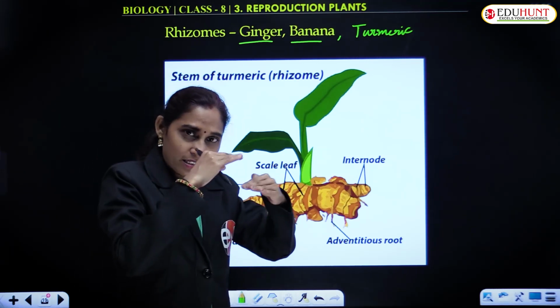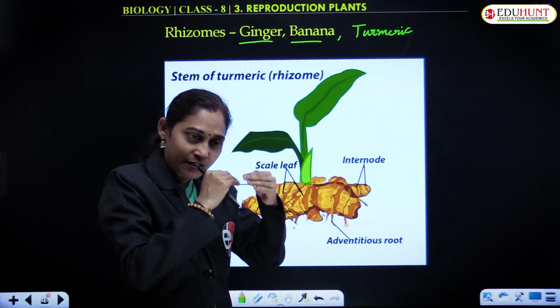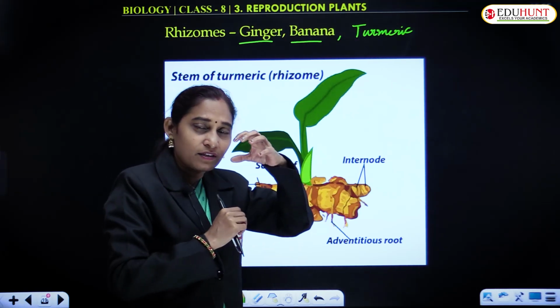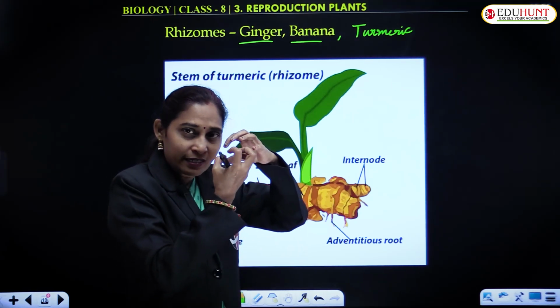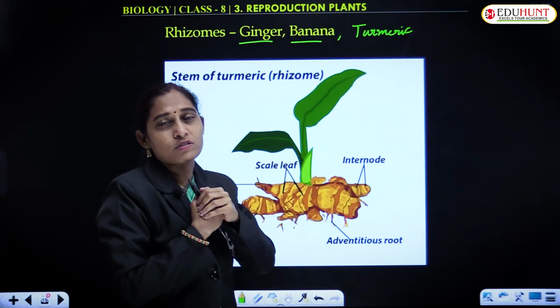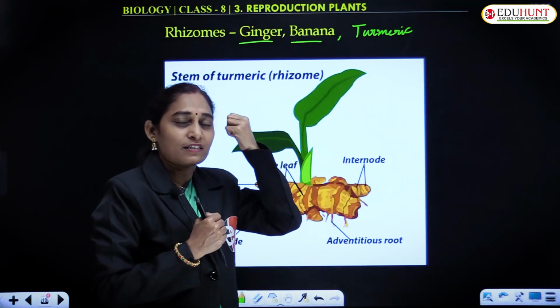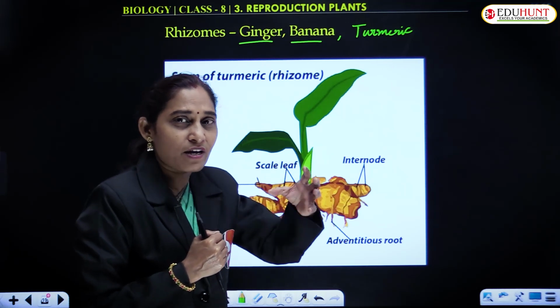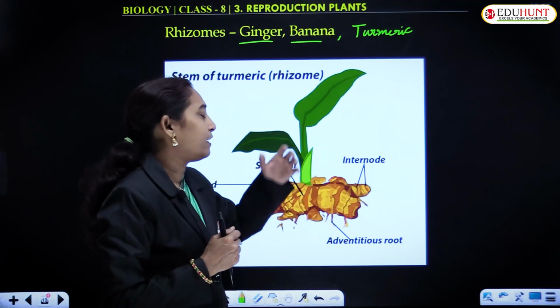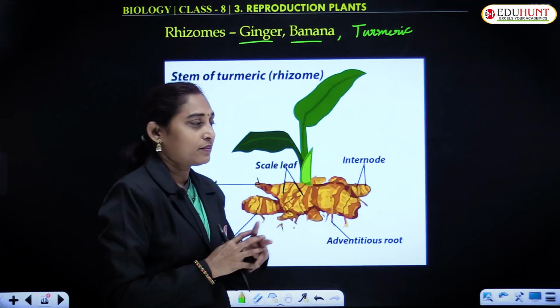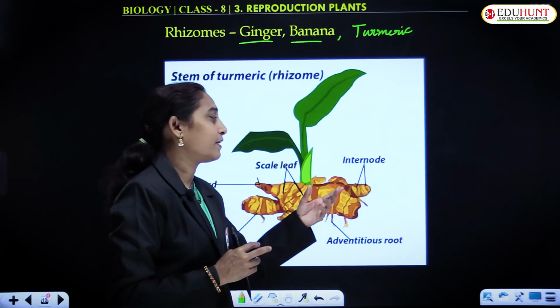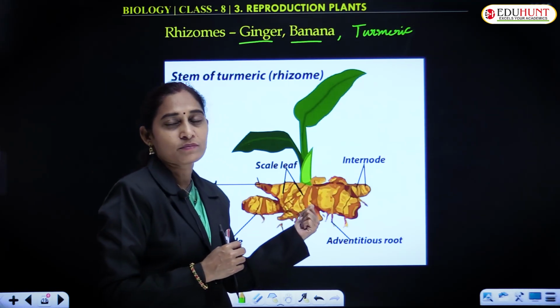and it is dorsiventrally differentiated. From the lower end, it gives rise to adventitious roots, and from the upper end it emerges and gives rise to the leafy part. This stores food material, and there are nodes and internodes.